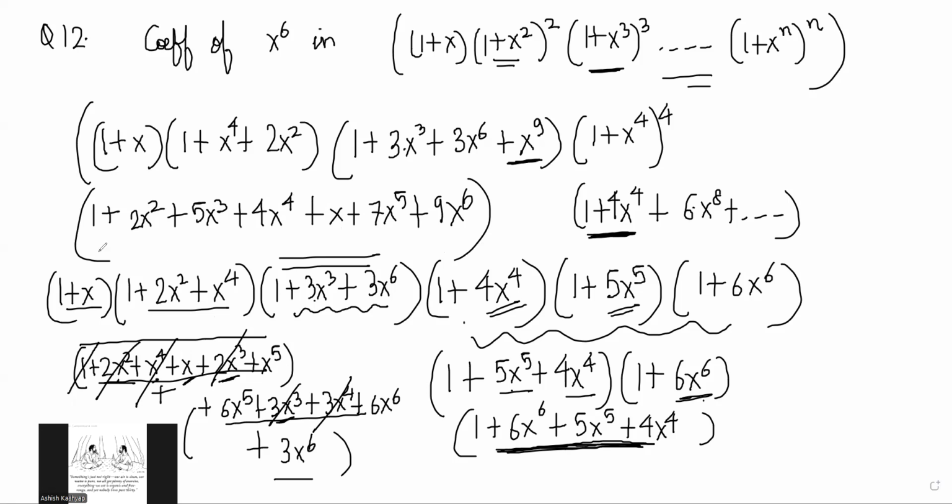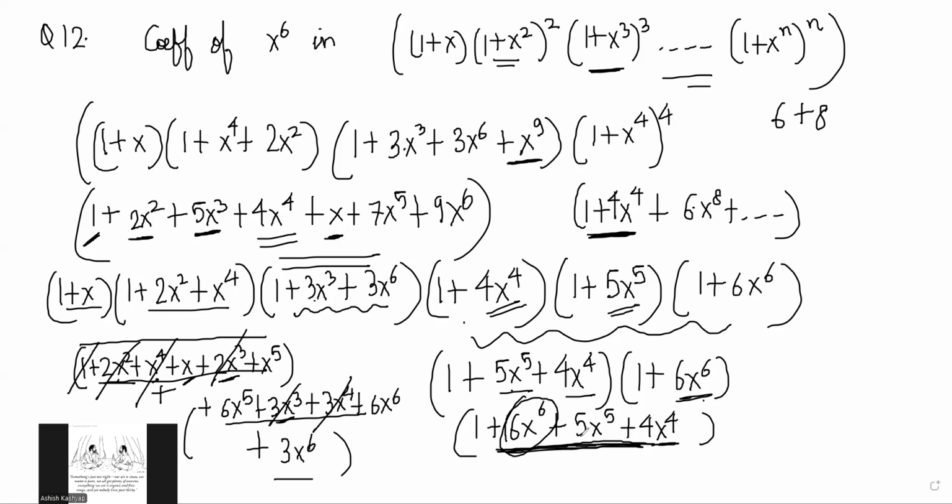And I have to multiply with this to get terms of x power 6 and all. So 1 can give with a 6, you get 1. So you have a 6 here. 2x square can multiply with 4x power 4. So you get 4 into 2, 8 here. 5x cube cannot multiply with anyone. 4x power 4 cannot multiply with anyone.